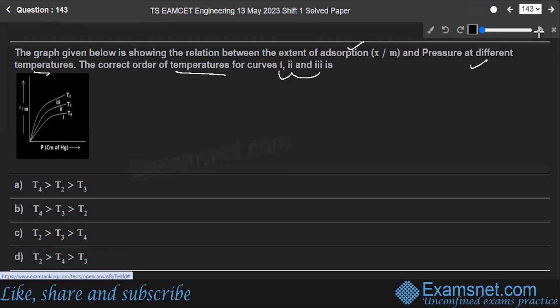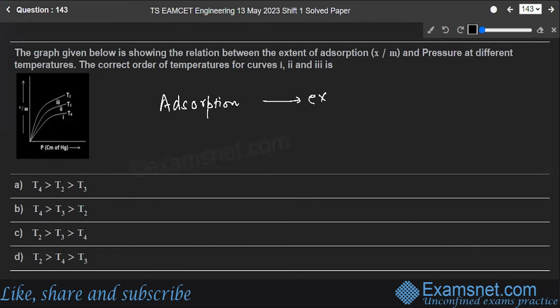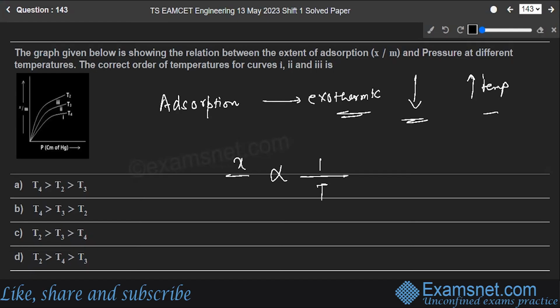Okay, see, adsorption is an exothermic process. It decreases with increase in temperature. Adsorption decreases when the temperature is increased, and it varies inversely with temperature, right? That is, the extent of adsorption will be inversely proportional to the temperature.